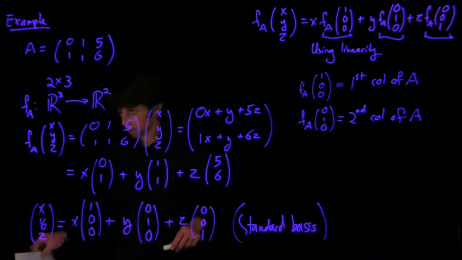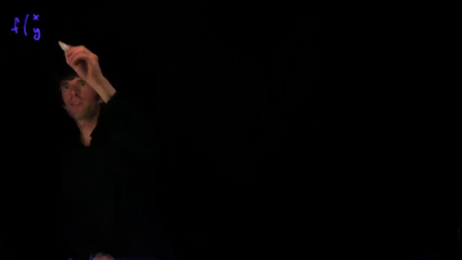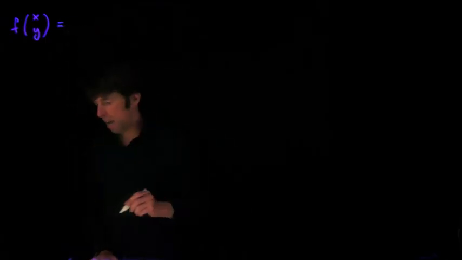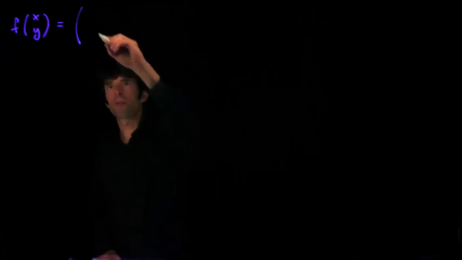Let's look at some more examples now. Next example. Let's consider the function f of (x, y). So rather than give you the matrix, I'm going to give you the function here, and this is going to be given by the following formula.